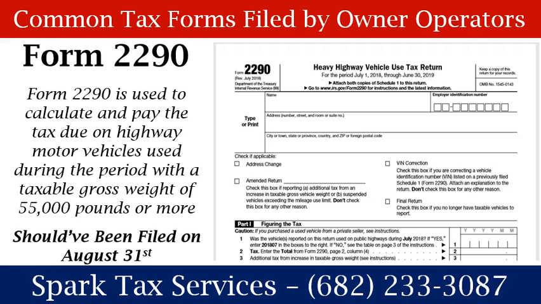Okay, so if you are a driver and your vehicle when you transport is 55,000 pounds or more, you are responsible for the heavy highway vehicle use tax. And it's supposed to be filed for the period of July 1st, 2018 through June 30th, 2019. This form should have been filed on August 31st. If you did not do it, it's okay. We will definitely discuss it like I talked about before, so that if you need to file it, that's something we can talk about further.